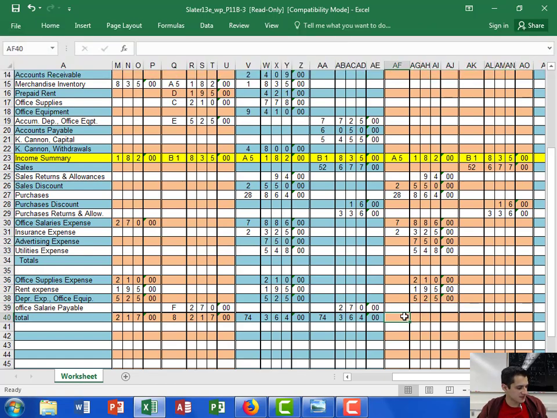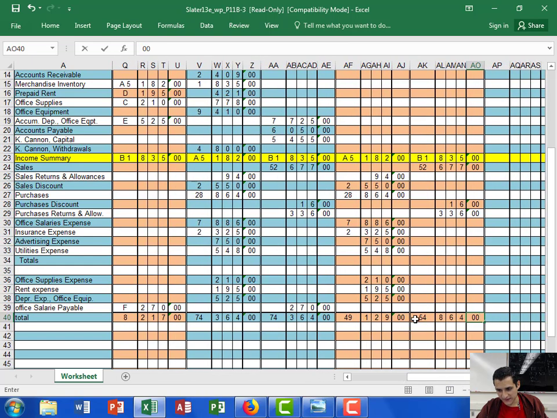So for the debit side of the income statement, you should come out with $49,129.00. For the credit side, you should come out with $54,864. Now what you have to do here is you have to take the difference between these two numbers in order to determine if you have a net income or a net loss.